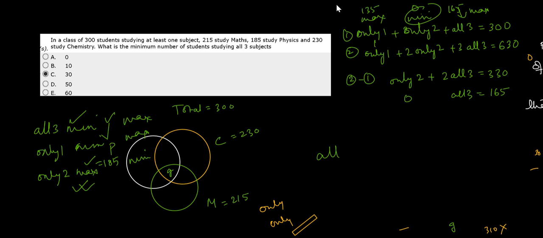So here it becomes 135, 0, and 165 into 3 is how much? 495, right? Does it add up? Yes, that makes 630. Logic clear? Is this easy now?